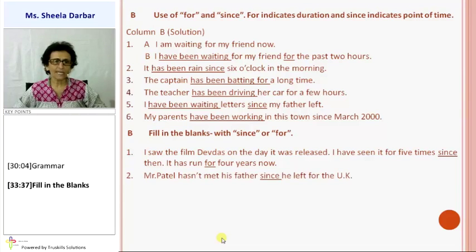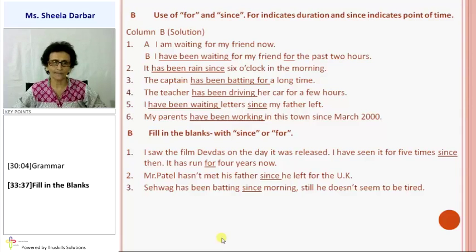Mr. Patel hasn't met his father since he left for the UK. So see, it is still absence. They have not met. Third, Sehwag has been batting since morning, meaning he is not out. Still he doesn't seem to be tired. So he is not out and that is why you're writing since morning.